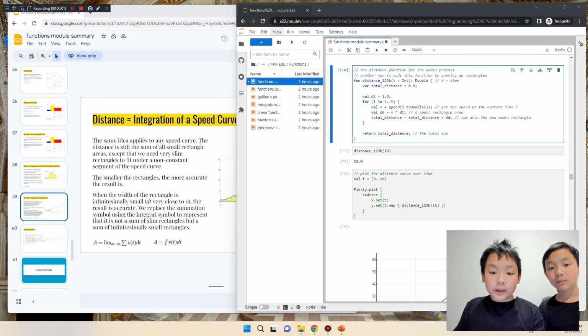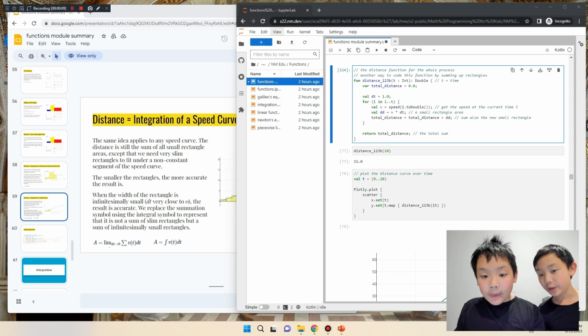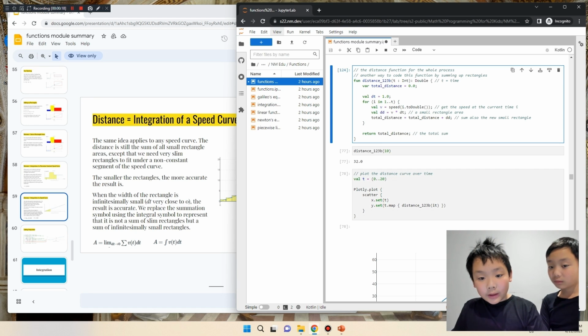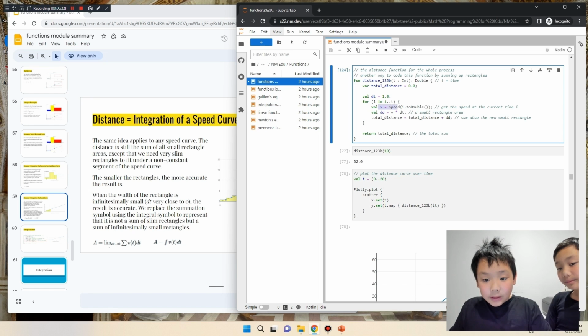So now we're going to be teaching you how to do the integration. So first we name the function distance 1, 2, 3b. And you can name it anything you want, but we're just going to use this. And we're going to make a dt of 1, which means the rectangle's width is going to be 1. So here we have speed, we don't need this.